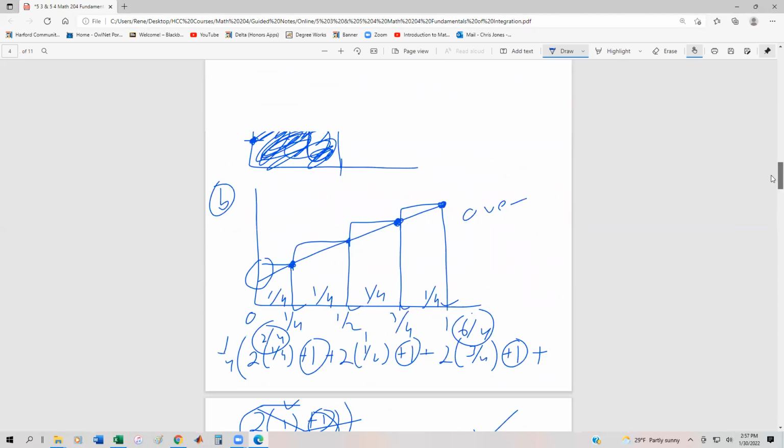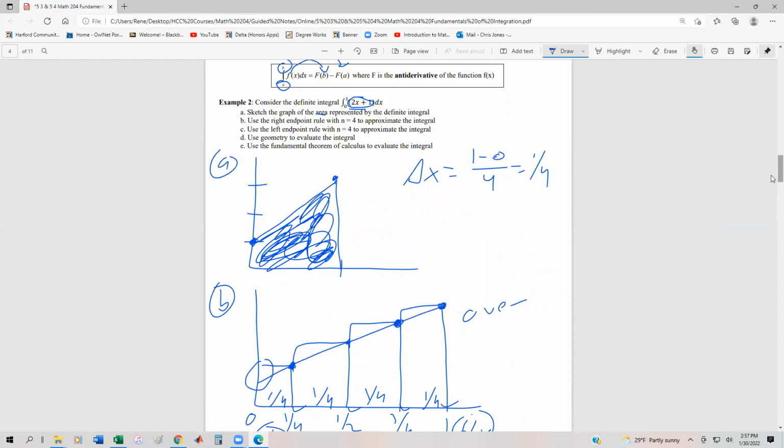Now we're going to use geometry. So we go back up here, and we could just draw a line, and we can get a rectangle and a triangle out of this. Remember, this has a base of 1 and a height of 1. This has a height of 2 and a base of 1.